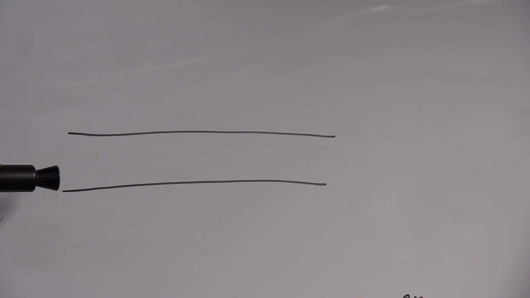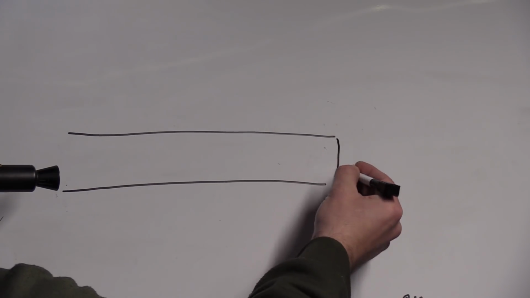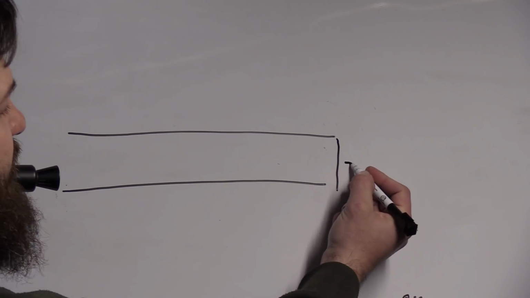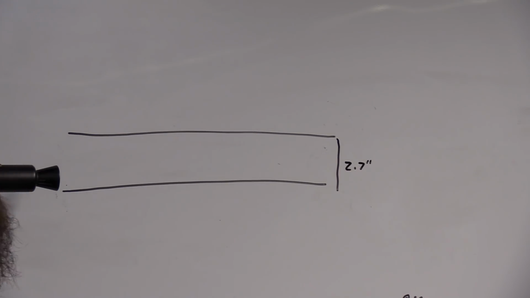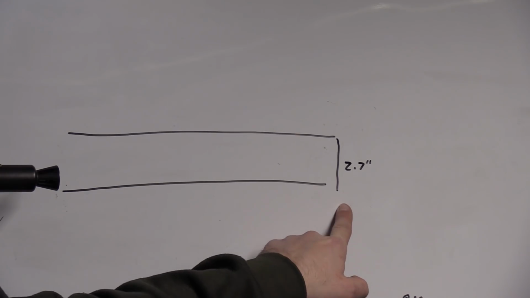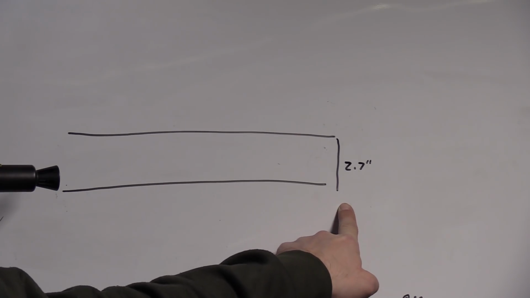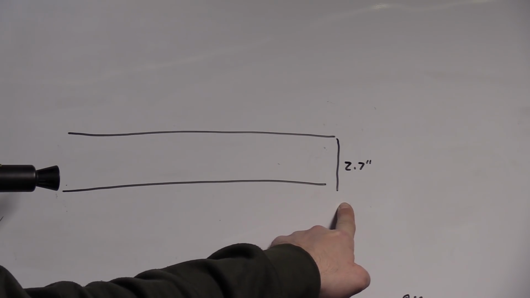Again, not accounting for gravity in this particular instance, if this was an AR-15, we would get a vertical displacement of approximately 2.7 inches between the two, because the bullet would fly in a straight line and the optic would be pointed in a straight line. We would hit pretty much exactly 2.7 inches low of our point of aim.